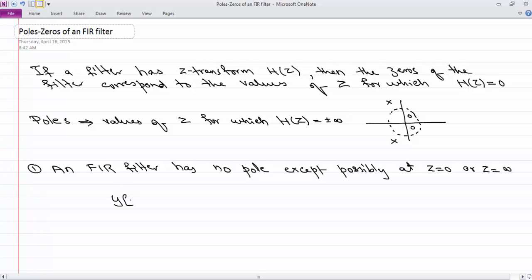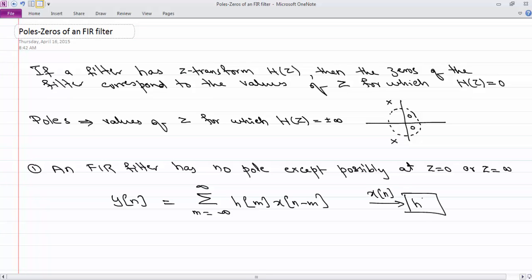Well, let's take the example of an FIR filter, which is given by simply the convolution formula, y of n equals the summation over m from minus infinity to infinity, h of m, x of n minus m. This is just the convolution equation for a filter h of n. You input x of n, you get y of n, and y of n is given by the convolution formula.